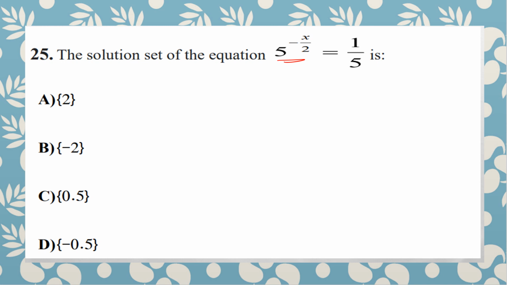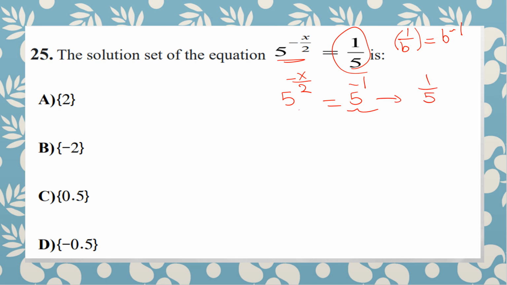Again, by using the power rule of the exponential equation, we can transform the value of 1 over 5 into 5 to a negative power, as we have a property that says if we have 1 over b, this equals b to the power minus 1. So 5 to the power of minus x over 2 equals 5 to the power minus 1, which equals 1 over 5.